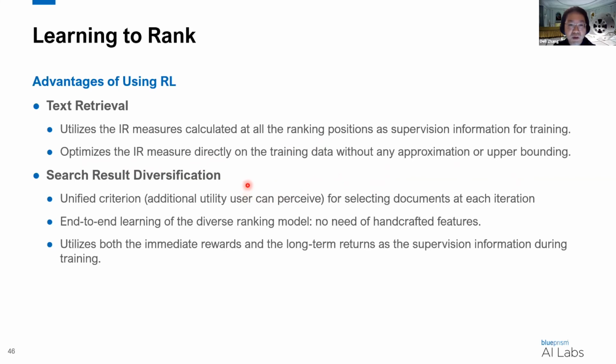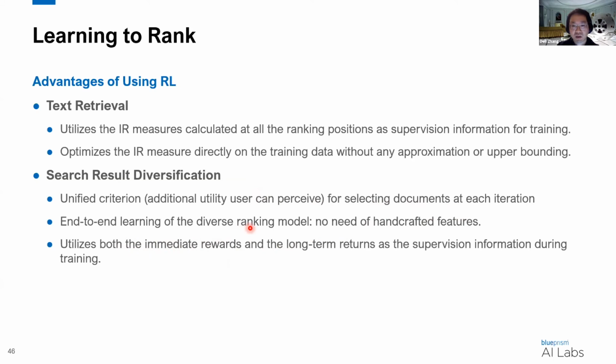If we go further to search result diversification, then reinforcement learning provides a unified criterion, which is the additional utility the user can perceive at each time step for selecting documents at each iteration. So this provides the end-to-end learning of the diverse ranking model. There's no need for handcrafted features.